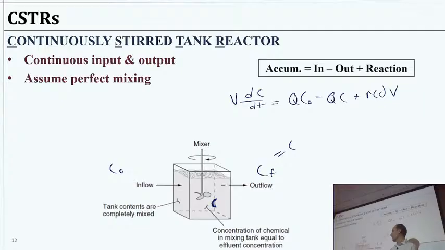Okay, so C that's inside here is the same C that's being discharged. That means when we do this math here, I just write C here. I don't need the C final. I can just leave it as C because that's the deal. That also means the C that comes out, let's take a first order decay as an example.